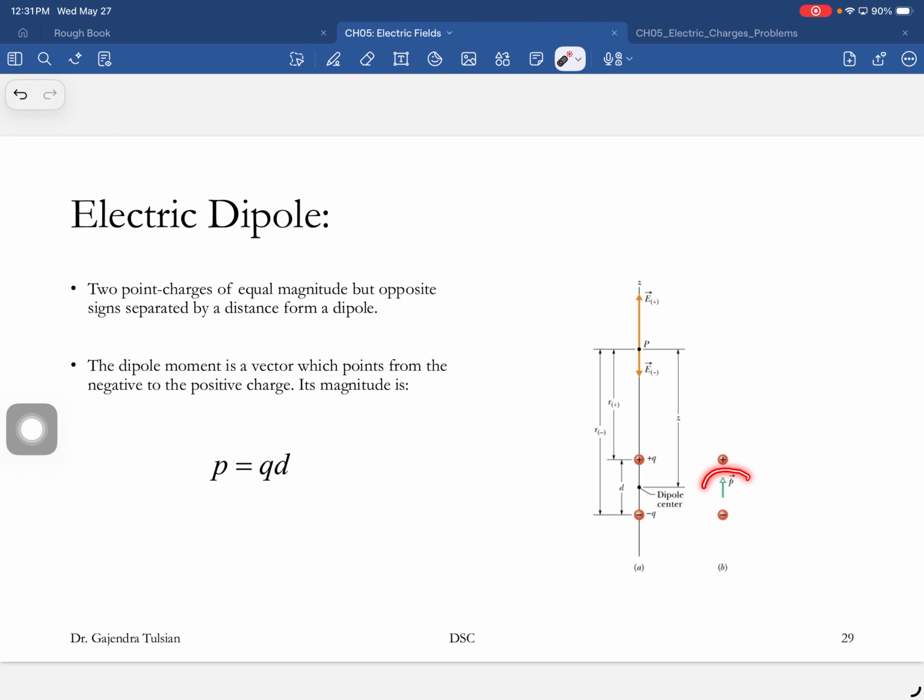The dipole moment is a vector pointing from the negative charge to the positive charge. It's denoted by P. The magnitude of the dipole moment is the magnitude of one of the charges times the distance between the charges.